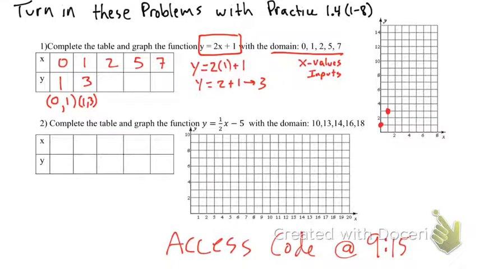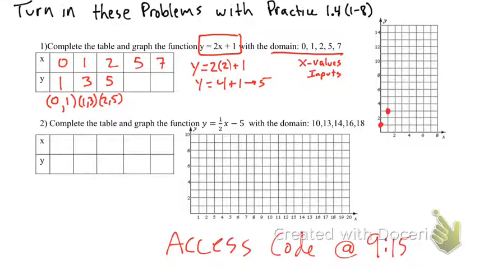And now I'm going to plug in 2 in for x. Two times 2 is 4, plus 1 more, that gives me 5. So that gives me 2, comma 5.